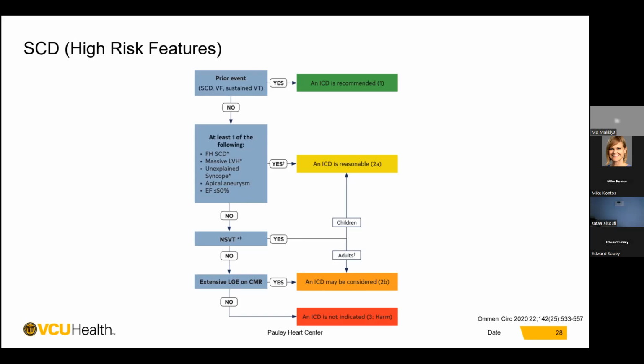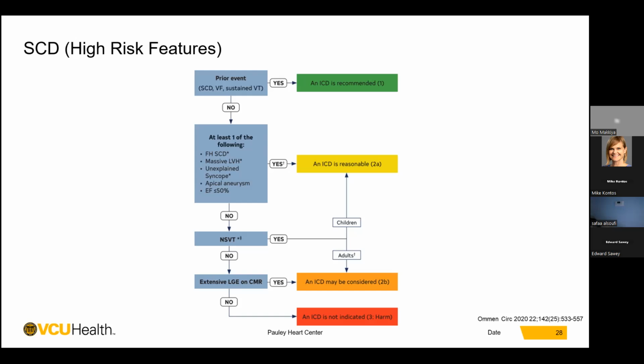Or at least one of the following: family history of sudden cardiac death, massive LVH more than 3 centimeters, unexplained multiple syncopes, apical aneurysm, and truly EF less than 50% in the absence of other causes. This is a class 2A indication. Most of these, except the first one, are all imaging diagnoses, and MRI plays a big role in that.